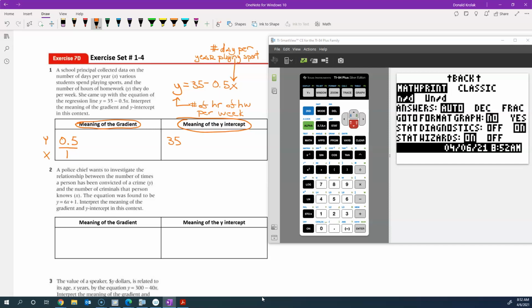So this would be hours of homework per week, and this would be 1 day of playing sports.